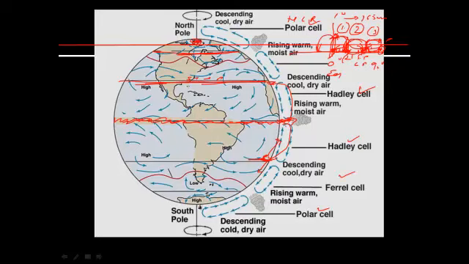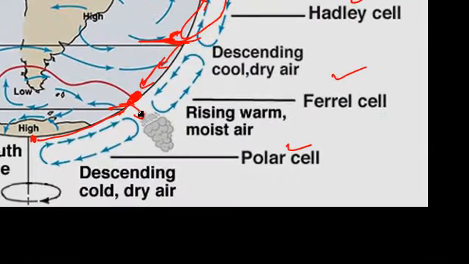Similarly, from the poles it moves toward the equator, and this which is coming from the equator, they meet at this point and create another belt which is termed as the subpolar low pressure belt and rises upward. As it rises upward, it moves toward the poles as well as toward the equator, completing two loops, here one and second at this point.